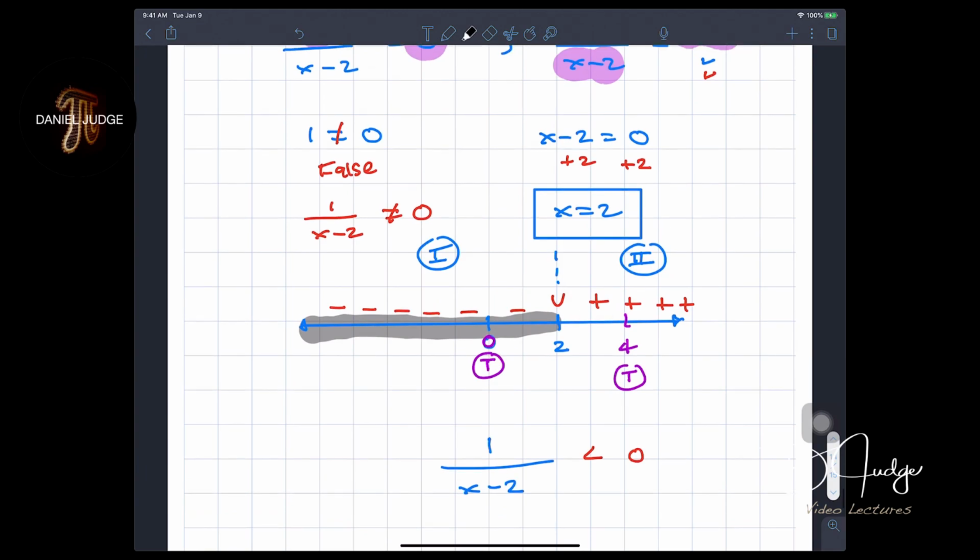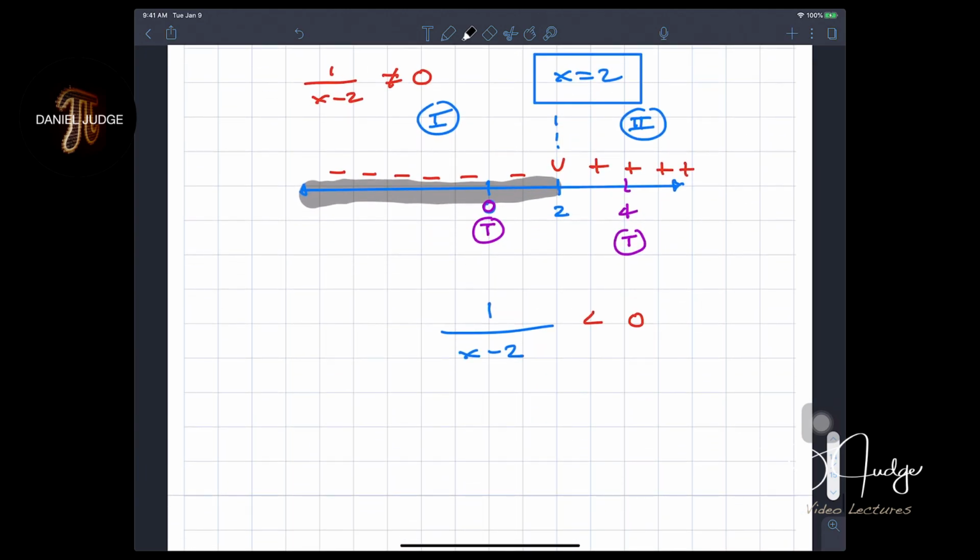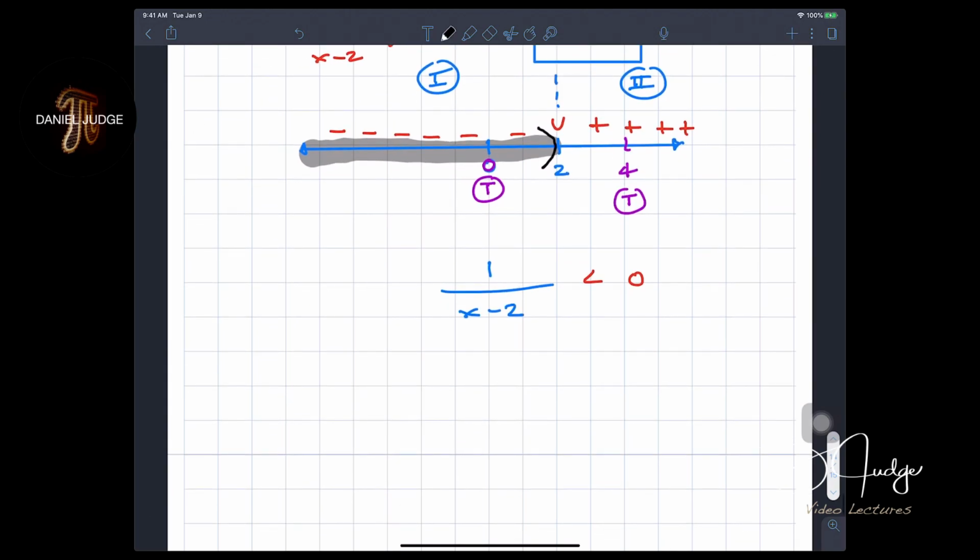And then you say, well, is this a strict inequality? And the answer is yes. So because it's a strict inequality, there's no equal. You're going to have that parentheses. So a very, very clear graph of this. Even though you say, here's my 0, here's 2, we're going to put parentheses.